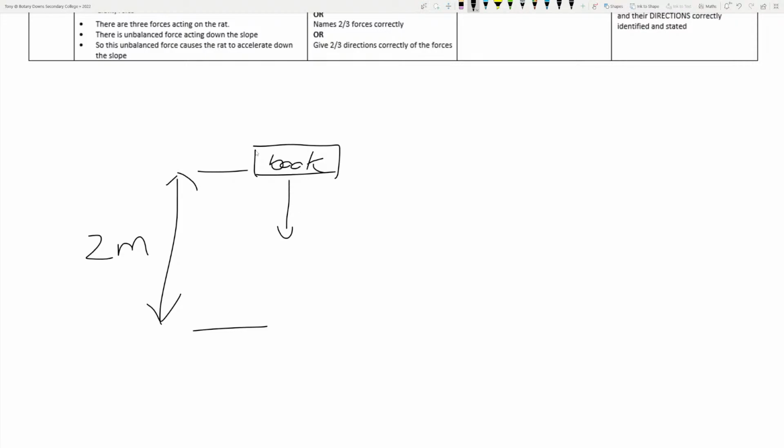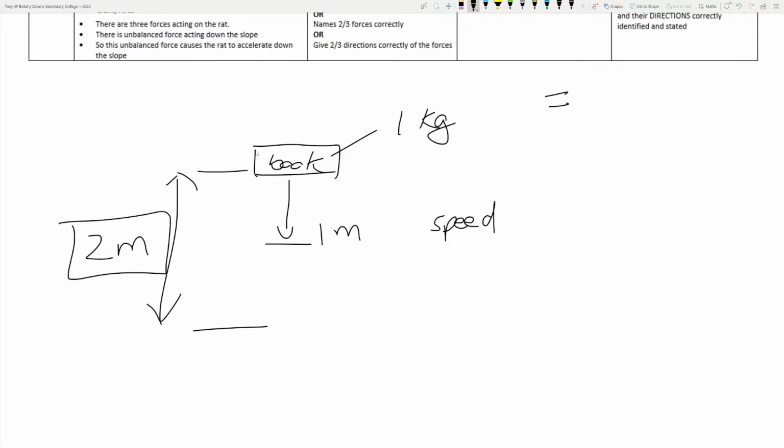Halfway will be 1 meter, right? If it's fallen 1 meter, what speed would it have? Let's just say the book is 1 kg, just to make it easier. So at the top, 2 meters, I would calculate EP equals mgh, so 1 times 10 times 2. So it will have 20 joules of energy at the very top.